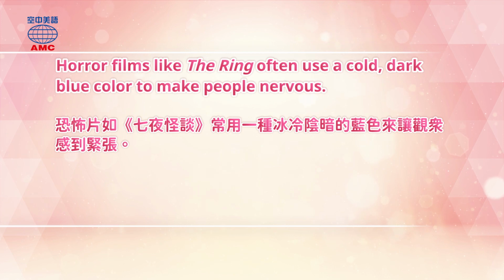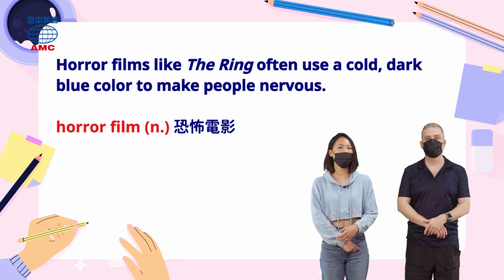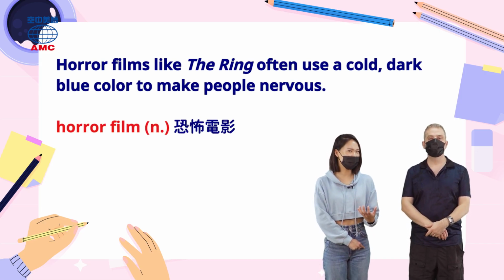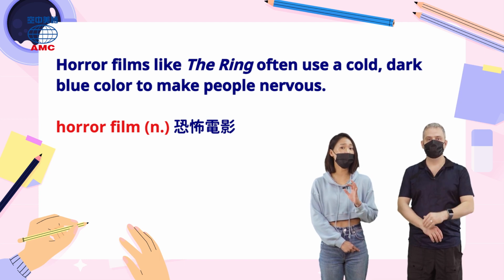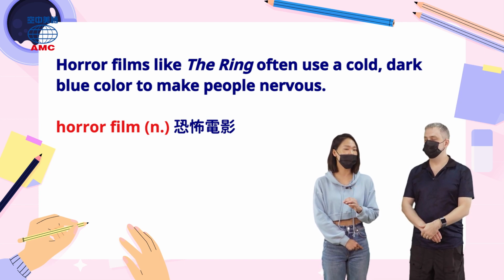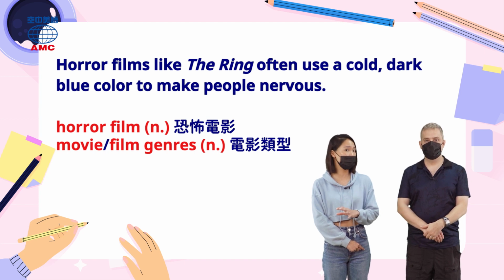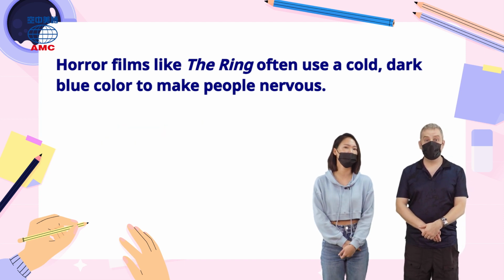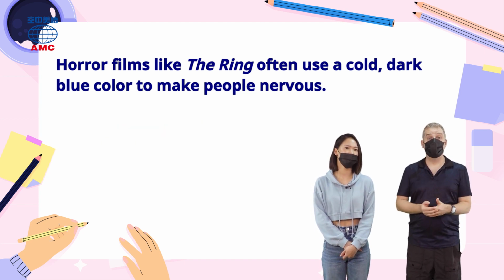Horror films like The Ring often use a cold, dark blue color to make people nervous. Horror films 那就是恐怖电影。那我们在前一天也有提到很多不同电影的这个类型，那他们是 movie genres 或者是 film genres. Right, because you've got horror and then we have others.